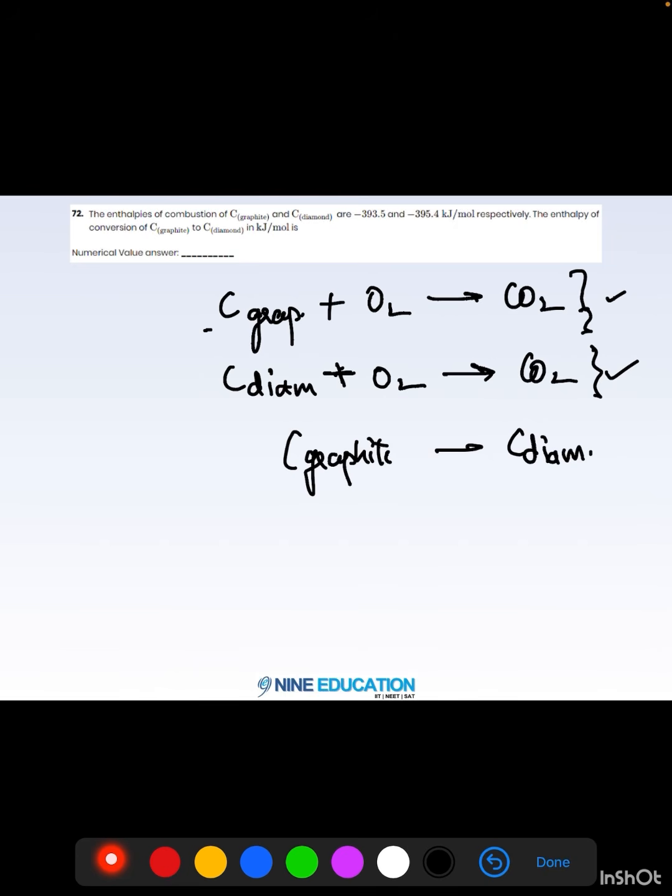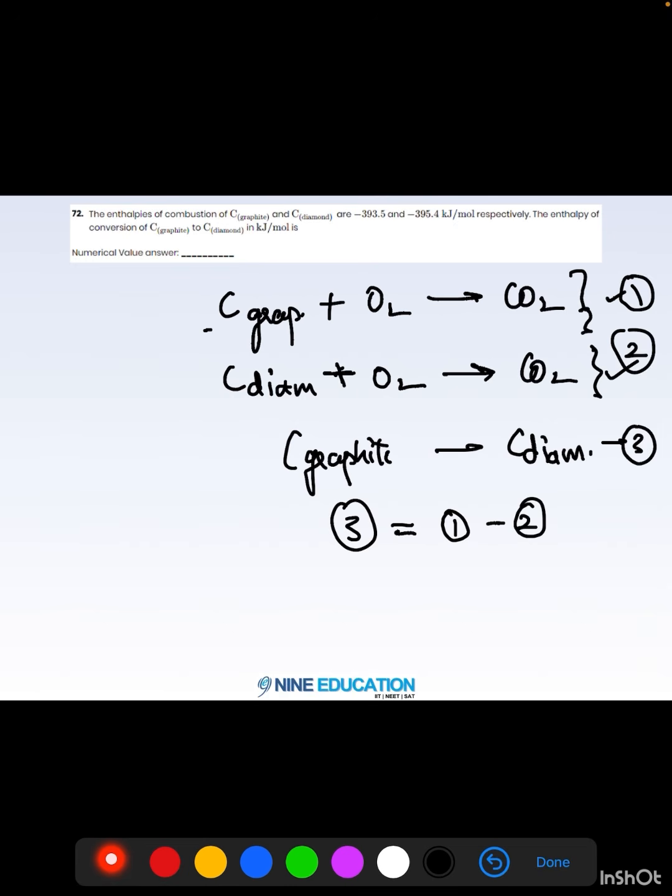This is your equation number 3. Equation 3 can be equal to what? This is equation 1, this is equation 2. If you subtract equation 2 from equation 1, C graphite will remain here, O2 cancels, CO2 cancels, and C diamond will come on the right side.